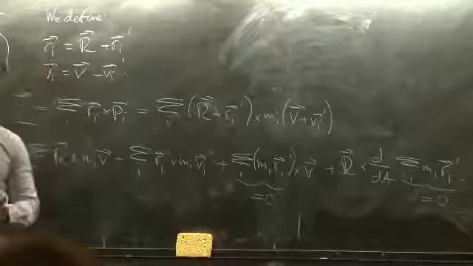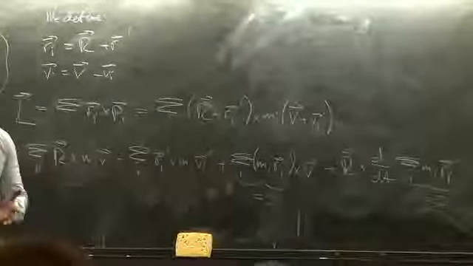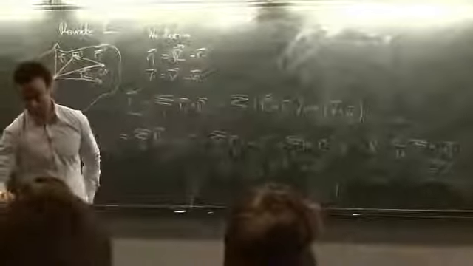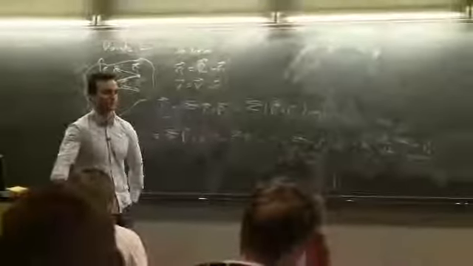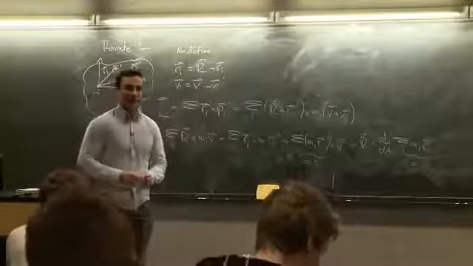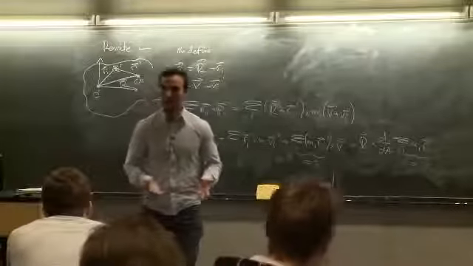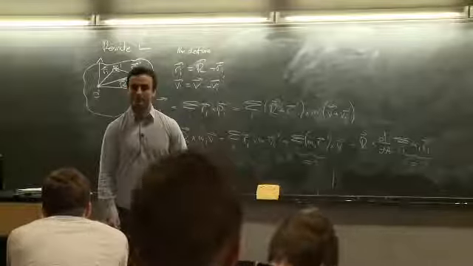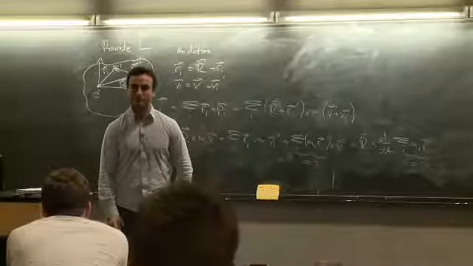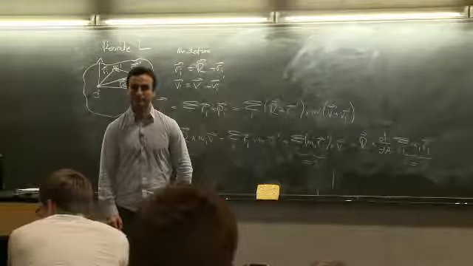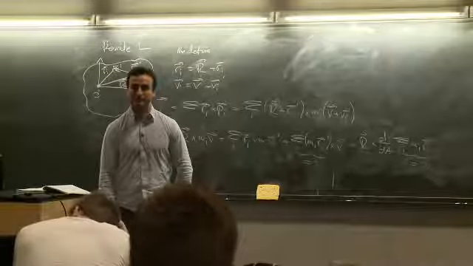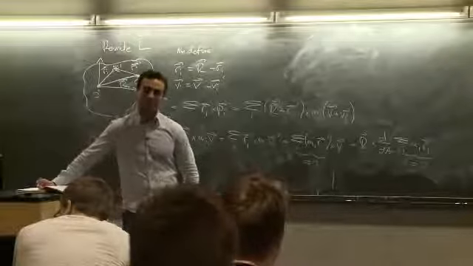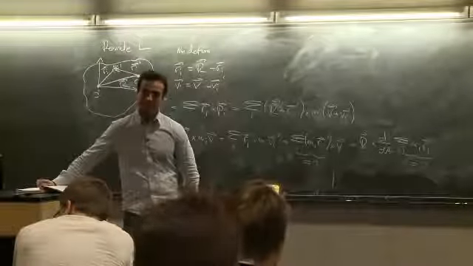So please take 1 minute to discuss with your neighbor, why are these terms equal to 0? All right, any ideas? Why are these terms equal to 0? No ideas?